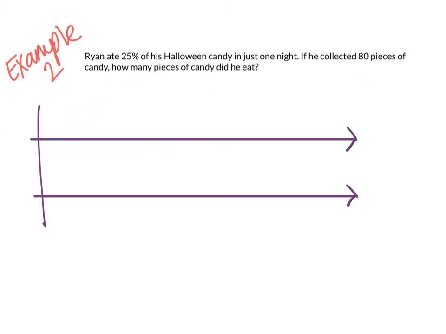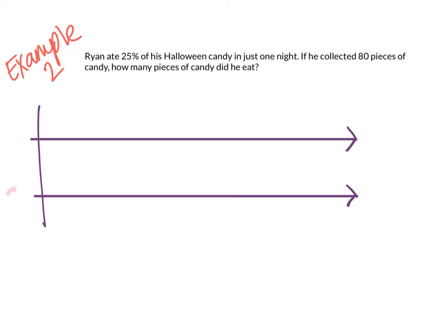Example number 2. Ryan ate 25% of his Halloween candy in just one night. If he collected 80 pieces of candy, how many pieces of candy did he eat? Now, we want to approach this question the same way that we approached the other question. Let's first start with labeling our number line.